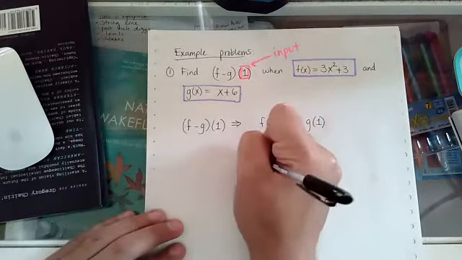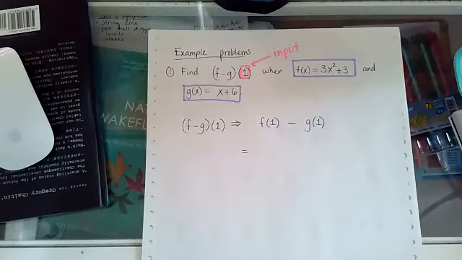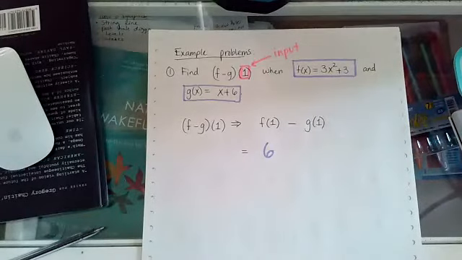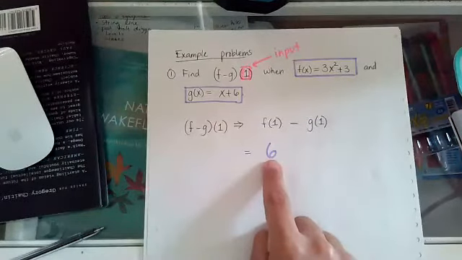we're going to plug the number 1, since that's the input, into this first function. Okay, so if I plug the number 1 into this function, what should I get as my output? Six. Yeah, 6. Is anybody unsure of how I got 6?